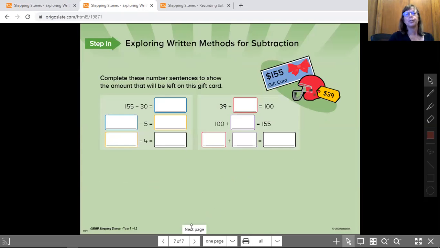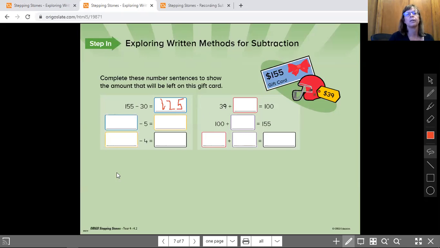And if we were to do this one, $155 on the gift card and $39 for a helmet. Now I've got to use these very difficult tools over here, so they'll be a bit squiggly. Okay, 155 minus 30 will be 125.